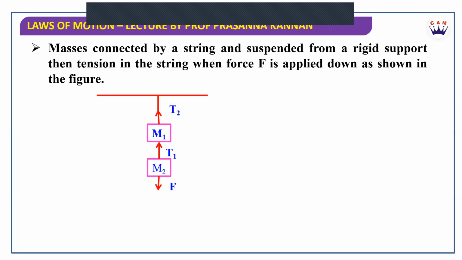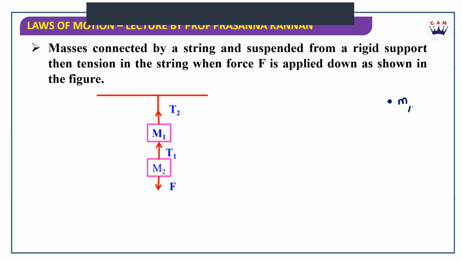Okay, let me do it, please. Listen now, everybody, carefully. I have M1, which is represented as a point. Can you tell me what are the forces acting on this M1?